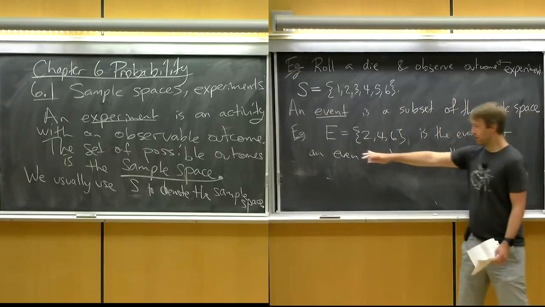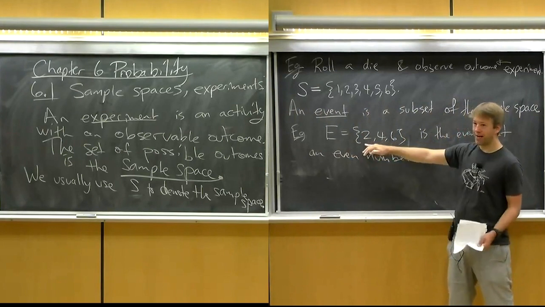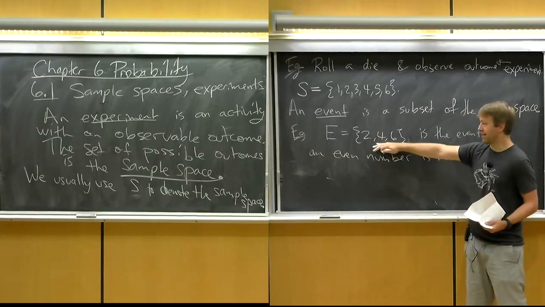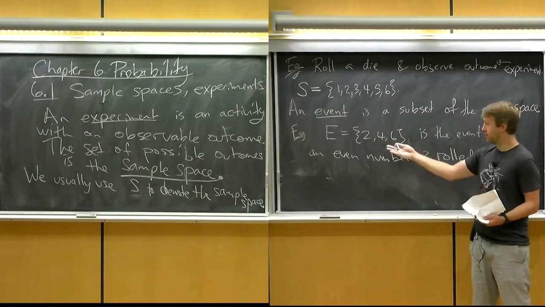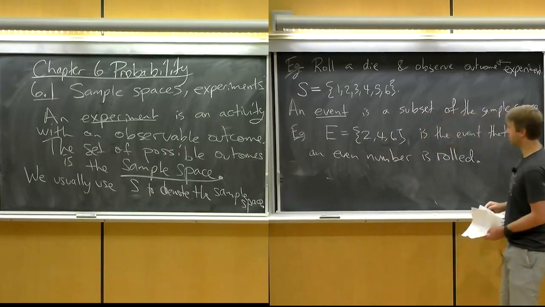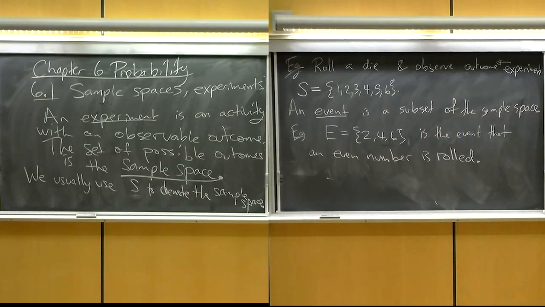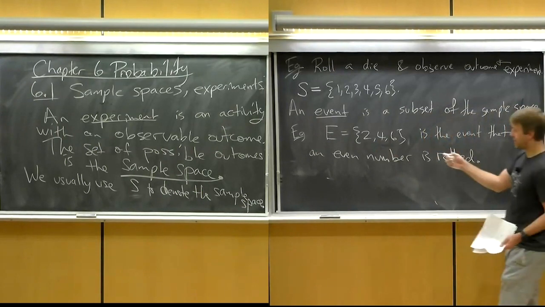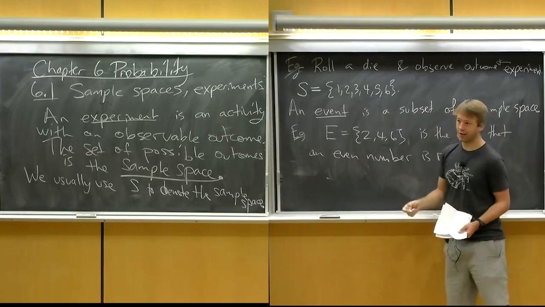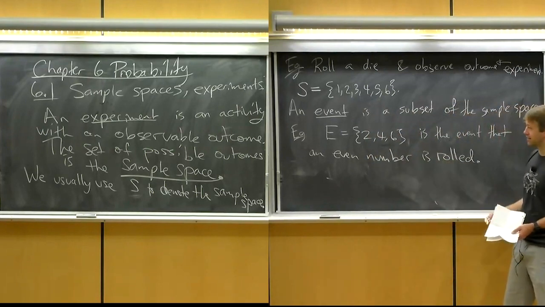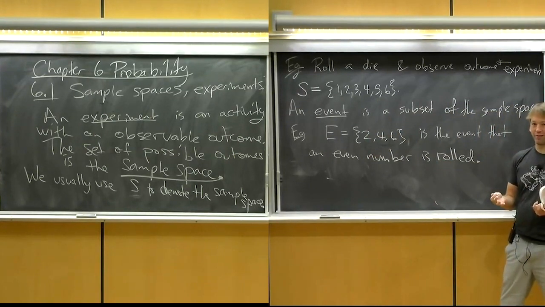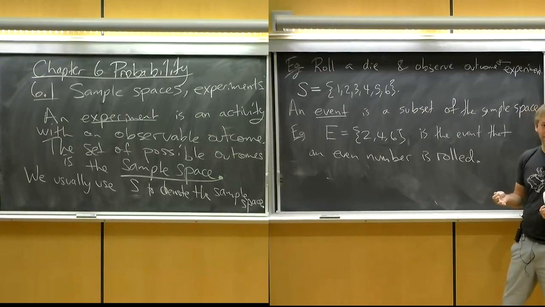This is the way to write it in set theory notation. But if you wanted to explain what E represents in words, E is the event that an even number is rolled, right? And the point is, it's a subset of S, meaning every element of E is an element of S. I couldn't say E is the set 2, 4, 6, 7, because 7 is not a possibility for this experiment, right? So I wouldn't include 7 in my event.